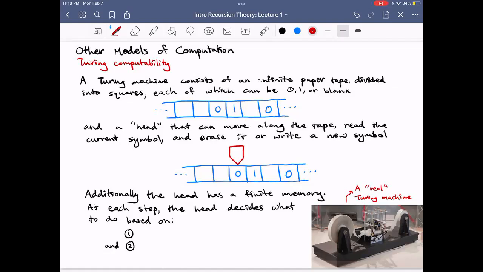Also, you can store a finite amount of information in the head. So the head has some finite memory, and at each step, it can decide what to do, not just based on what square it's looking at, but also on what's currently in its memory.